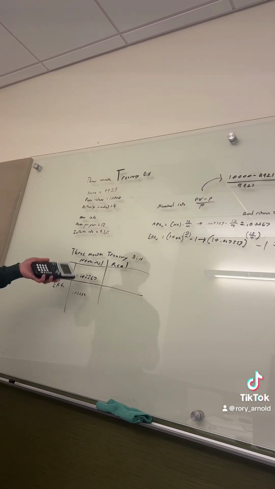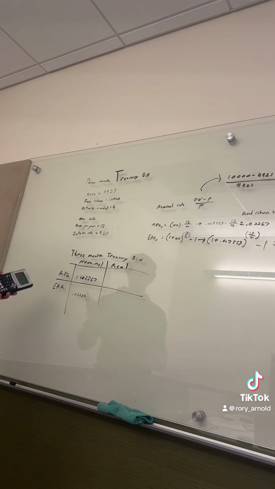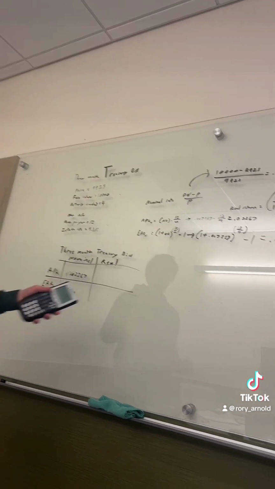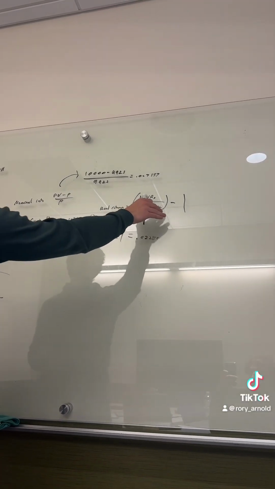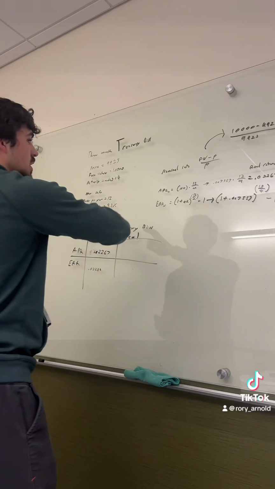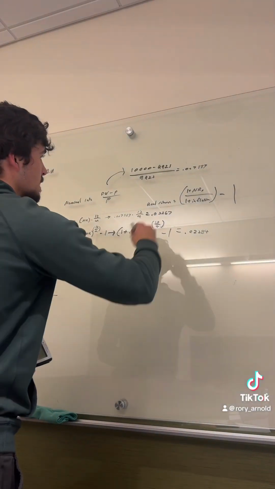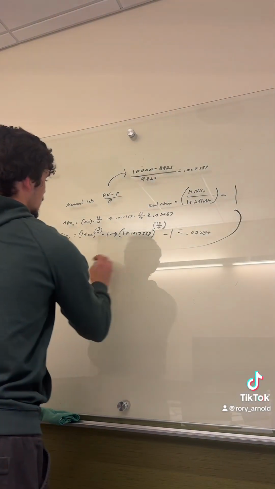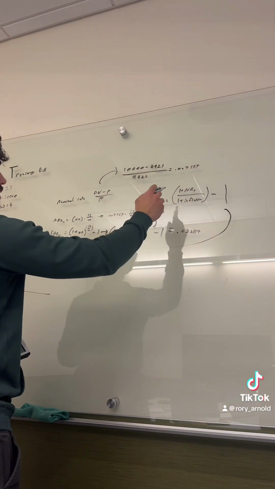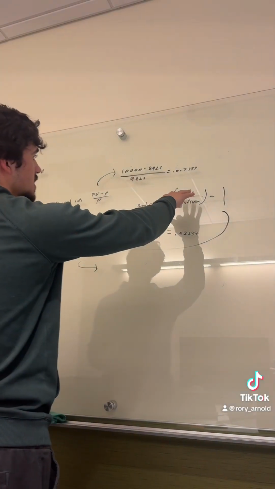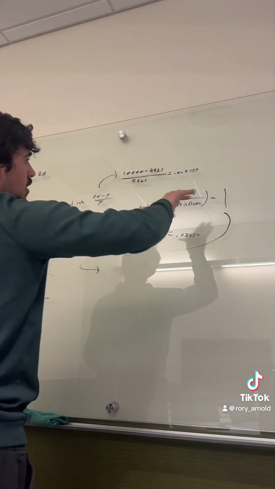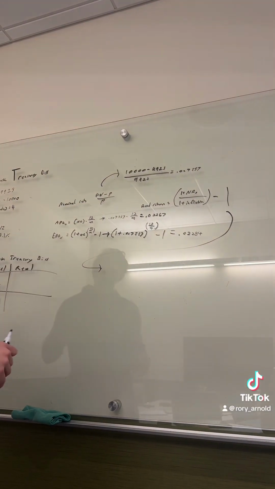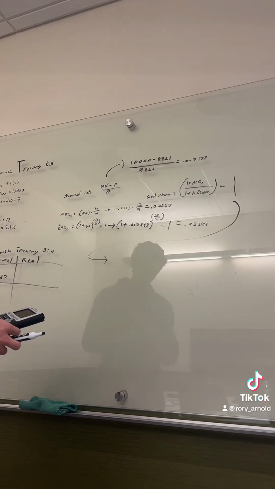Now that we found our nominal rates for both EAR and APR, we need to find the real rates. You can use the real return formula, and it can be applied to both. You don't have to use a different one like we did here. For the real return rate, we do 1 plus the nominal return of these numbers that we found, not the one up here, over 1 plus inflation, all subtracted by 1.